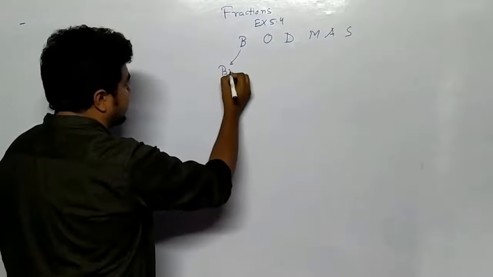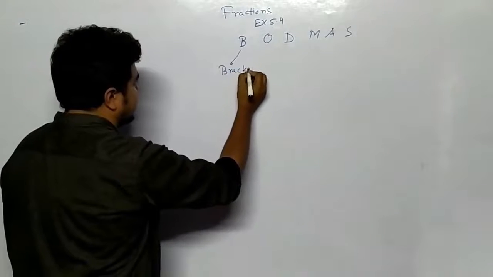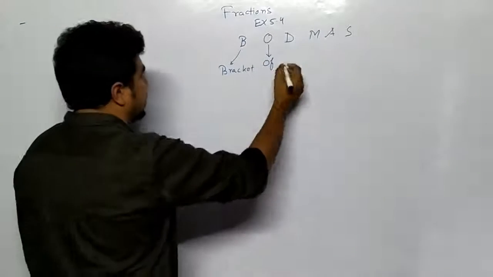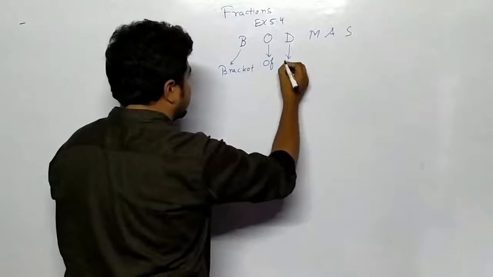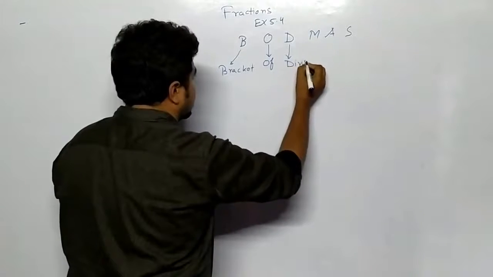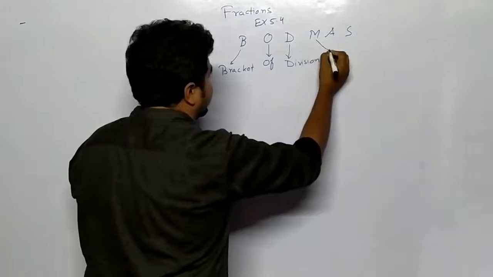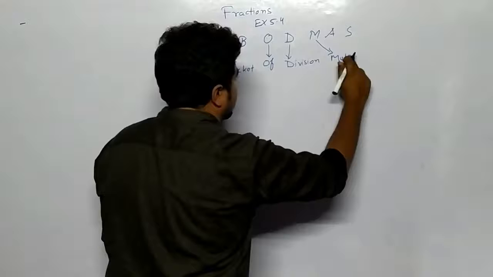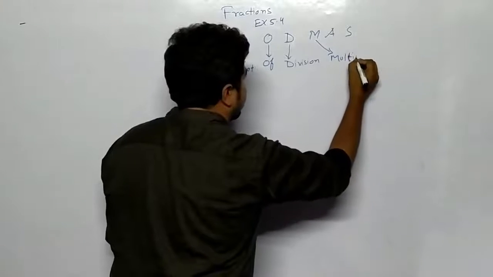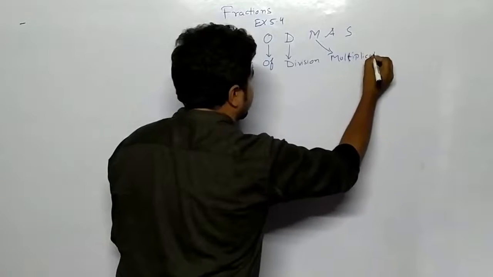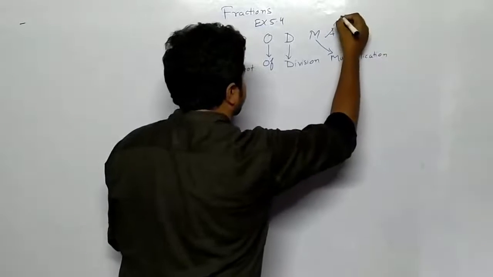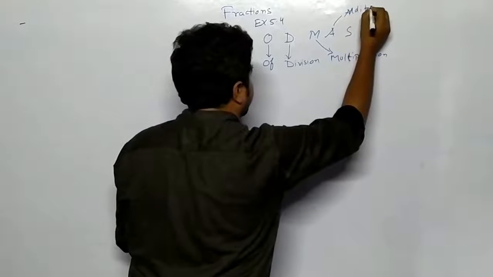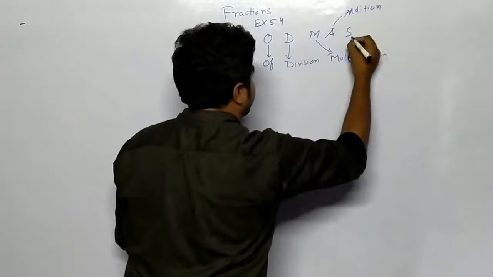BODMAS is basically: bracket should be given more preference, then of, which means product, then division, then multiplication, and then addition, and then subtraction.